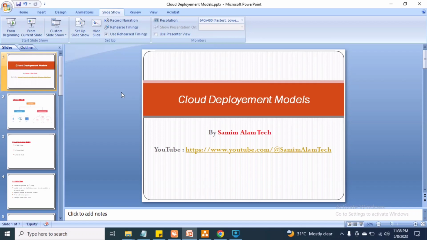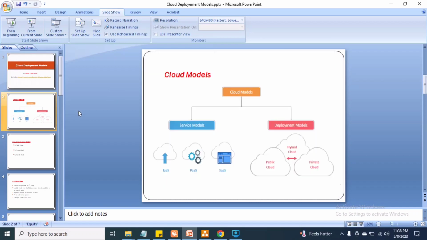Alright, we have come to my laptop screen now. As discussed previously, there are two types of cloud models, service-based models and deployment models. There are three types of service-based models, which are IaaS, PaaS, and SaaS. And in deployment models, there are three types as well. One is public cloud, second is private cloud, and third is hybrid cloud.